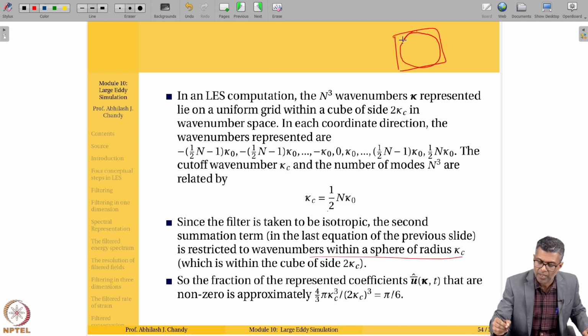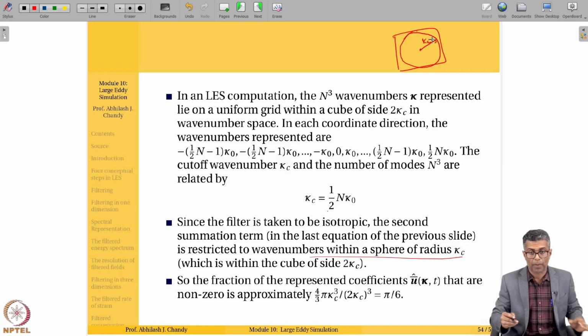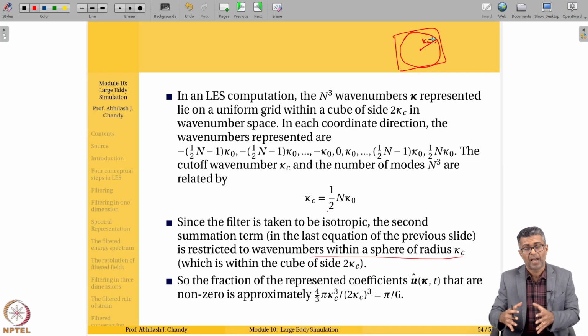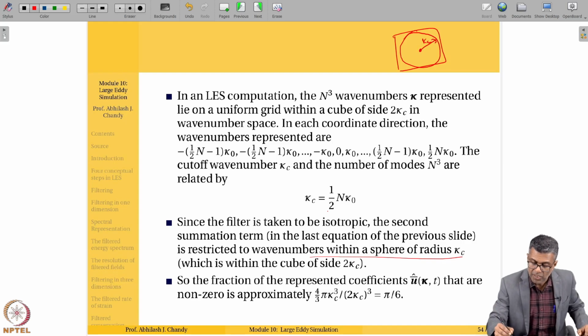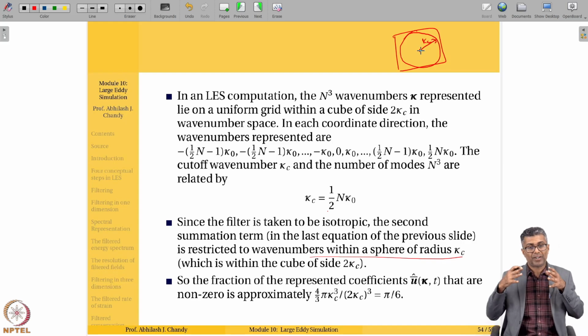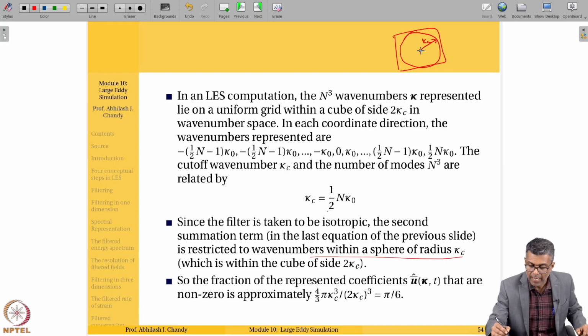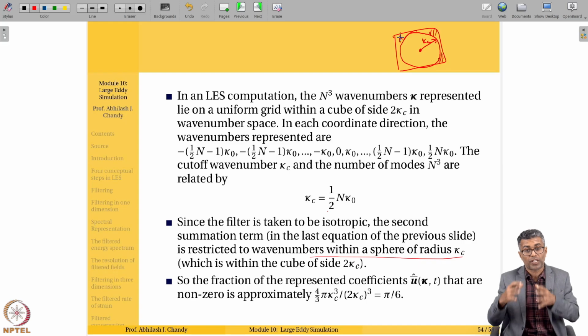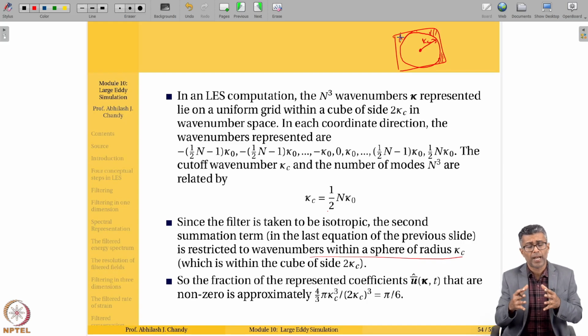I'm showing it as 2D, and you only take until a radius of kappa c, because remember, LES stops at kappa c. Okay, kappa c is the radius, so essentially you have a sphere with a diameter 2 kappa c, right? And you stop here. Everything here we ignore, isn't it? A sphere within a cube. And LES, it's the same thing, except now the sphere in LES has a diameter 2 kappa c.